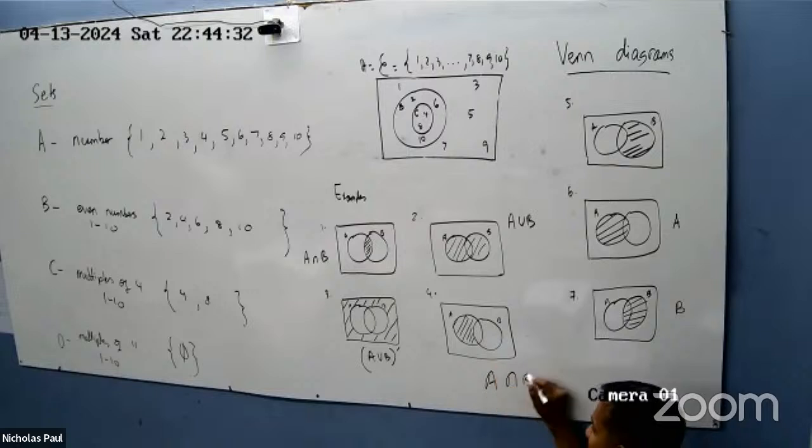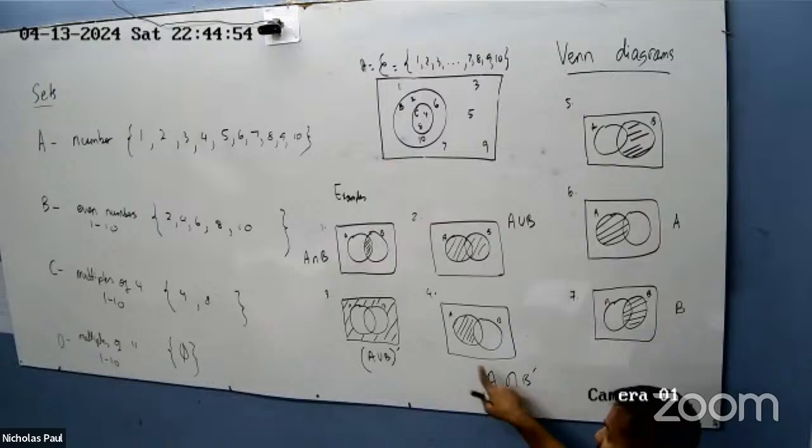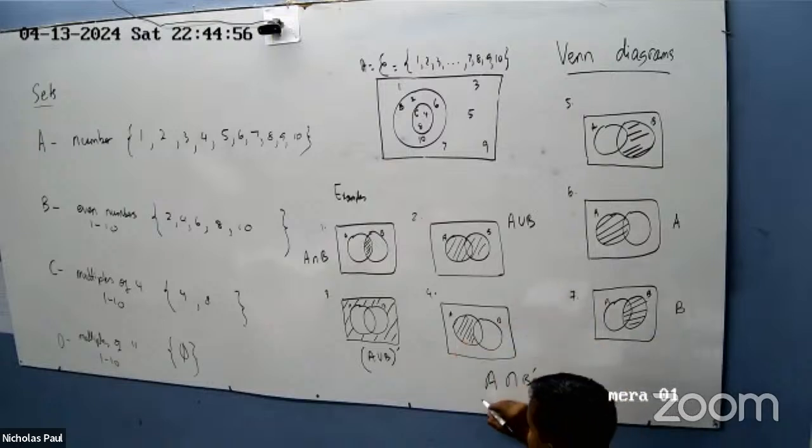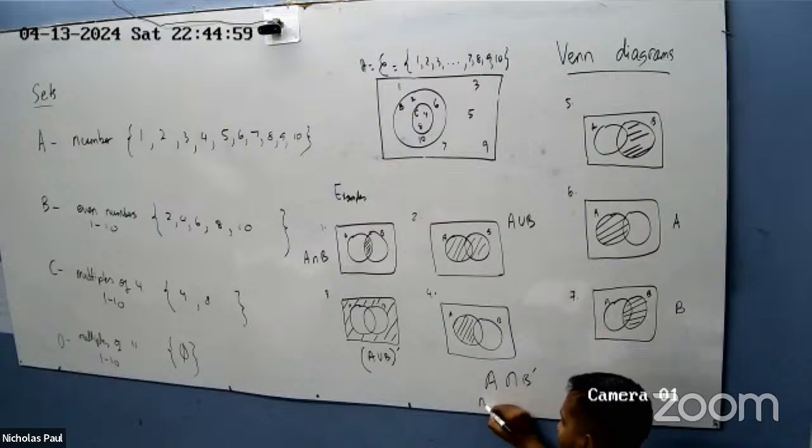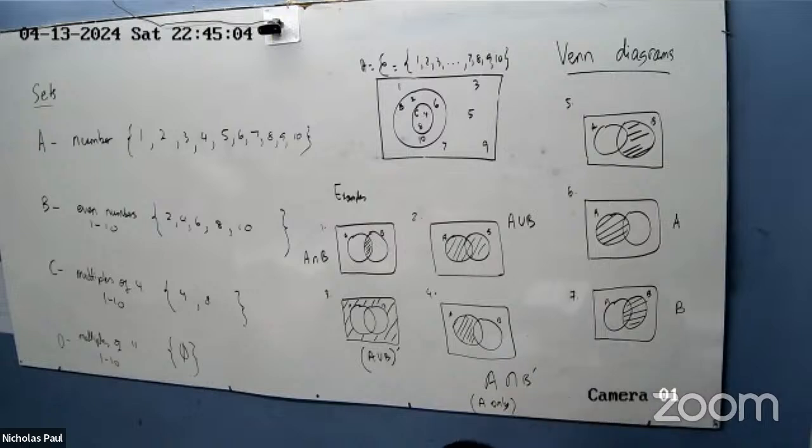A intersect B complement. This is everything inside A but not in B. That's the shaded region, and the next name for it is called A only. What do you think number 5 is?